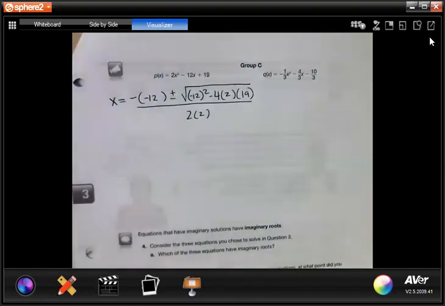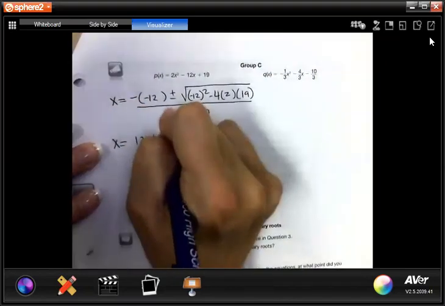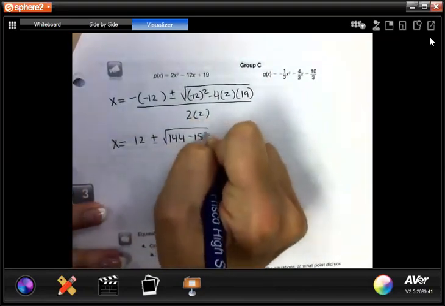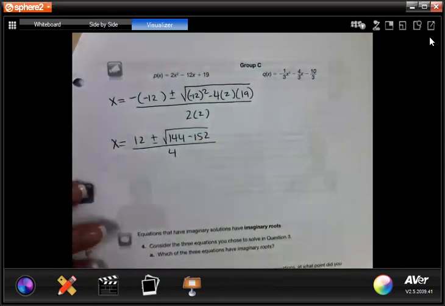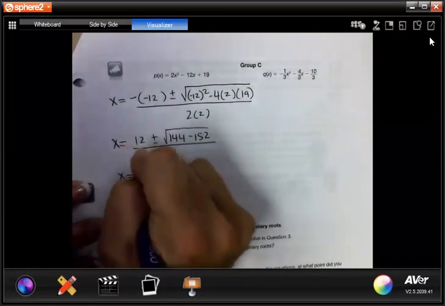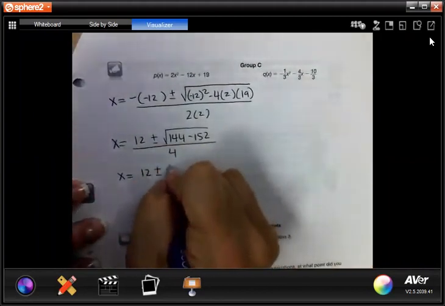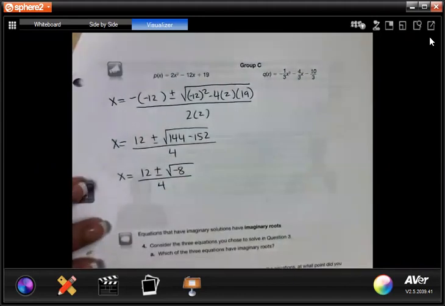And so we start to simplify this now, and a negative times a negative gives me a +12. Under the square root here, we end up with 144 minus 152, and 2 times 2 is 4. And so here we get 12 plus or minus the square root of -8 over 4.